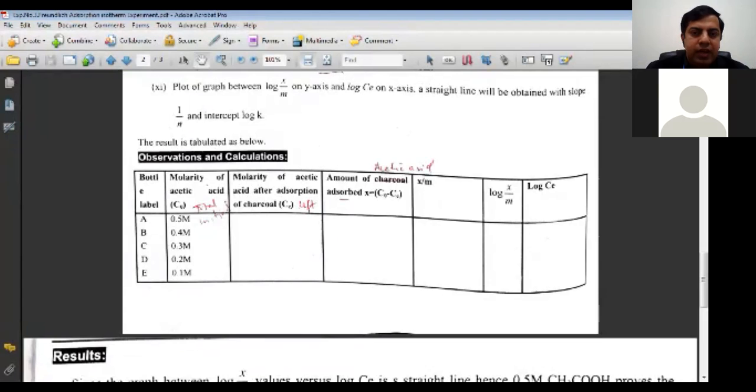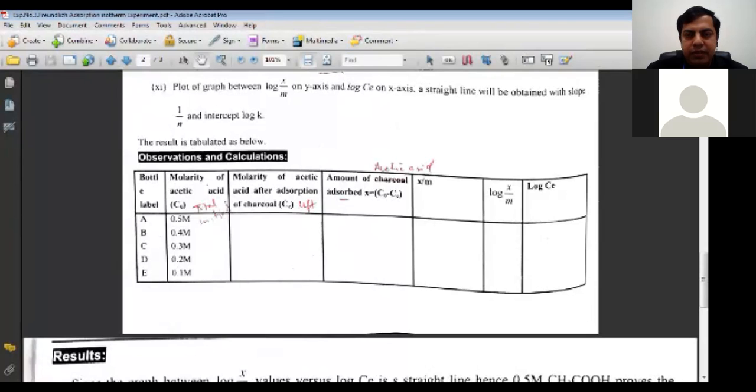The amount adsorbed you cannot calculate directly by titration. It is the amount which is left that you get, because you are titrating the acetic acid with sodium hydroxide. So when you subtract total minus left, you will get how much amount is adsorbed. And here the mass of the charcoal is 1 gram.